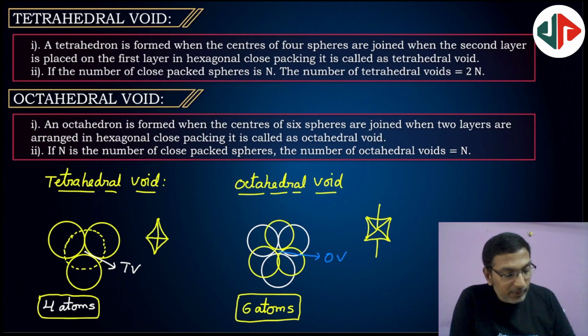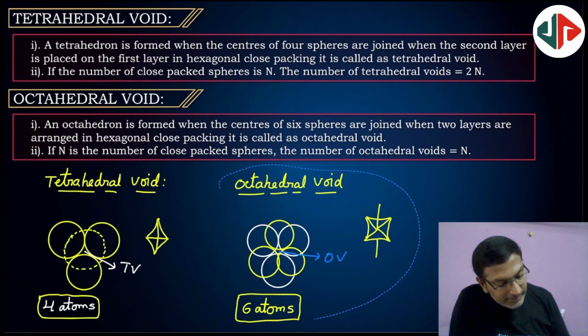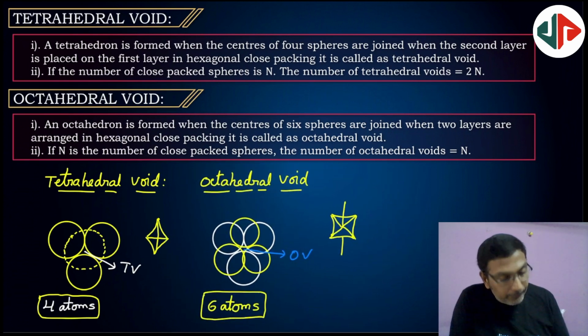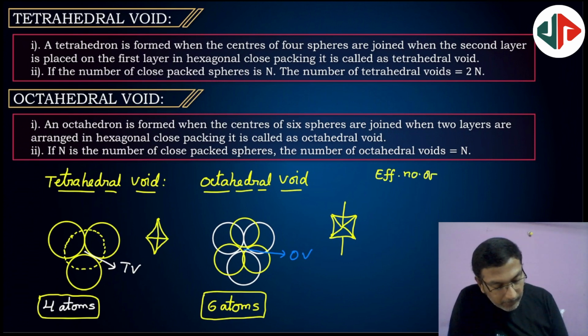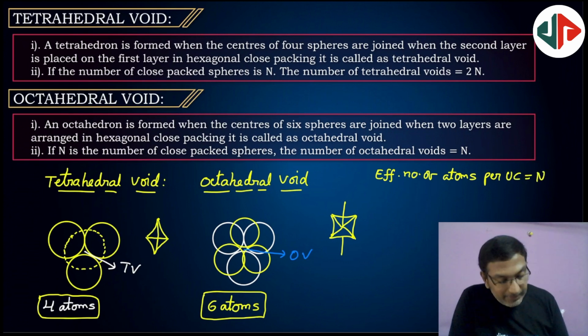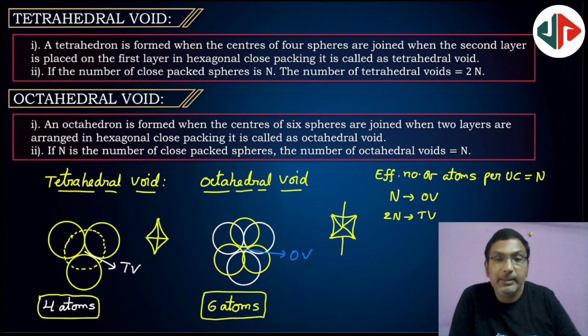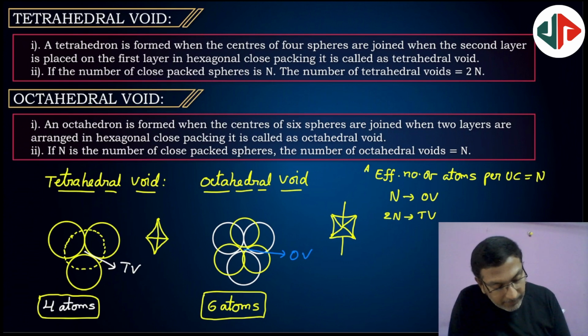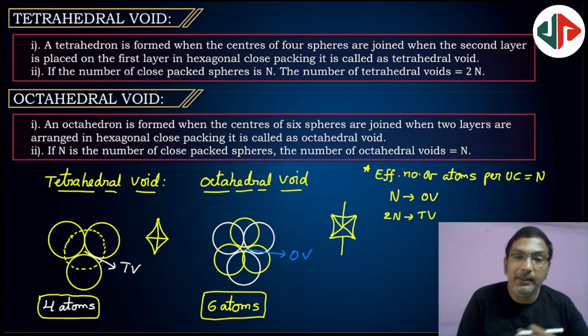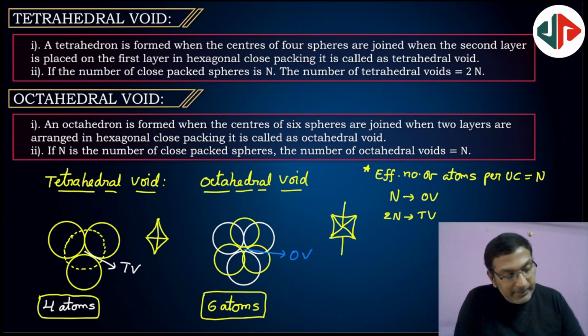Next, if effective number of atoms per unit cell equals n, then there will be n octahedral voids and 2n tetrahedral voids. Remember this. Here it is given.